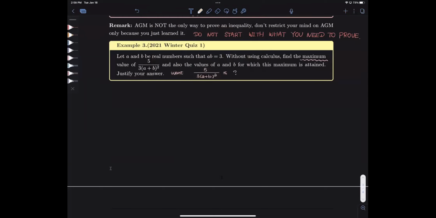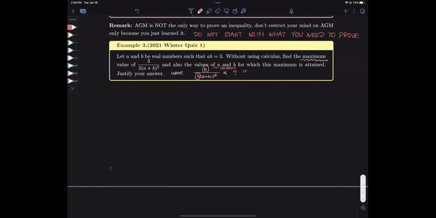Now, my next observation is 5 is a constant. 3 is also a constant. Constants don't change, so you can ignore them. You don't need to calculate the maximum value of them because they will stay the same.